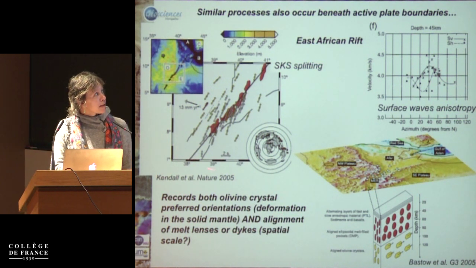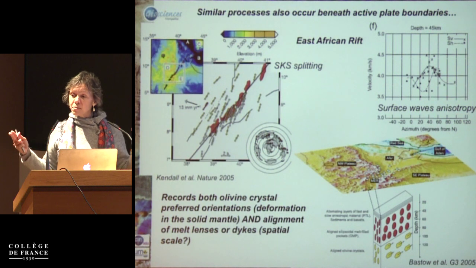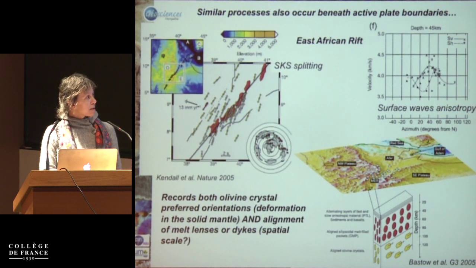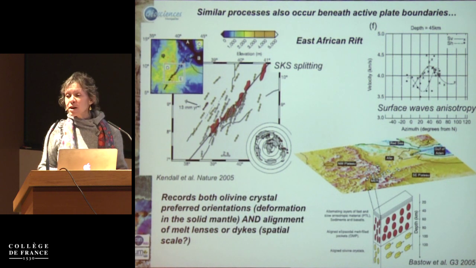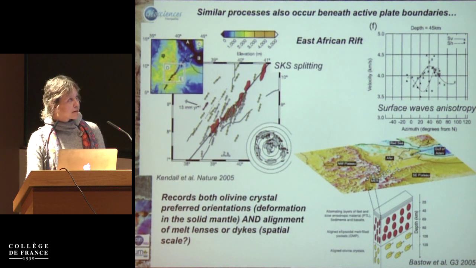This kind of data does not give a very strong constraint on the spatial scale of this alignment. It just says that it's smaller than the seismic wavelength you are using for the observations, but it can be kilometers, meters, or even micrometers. So we have to get a better look at how the melt aligns.